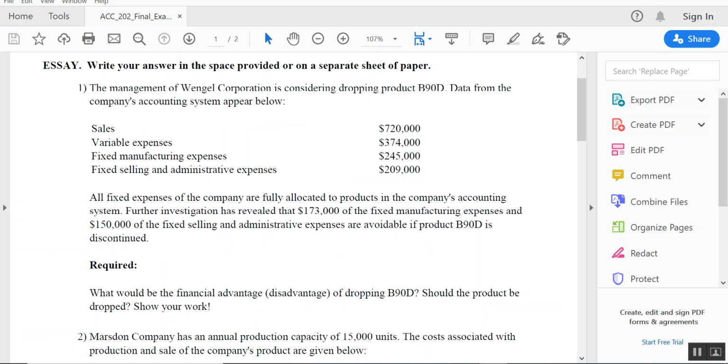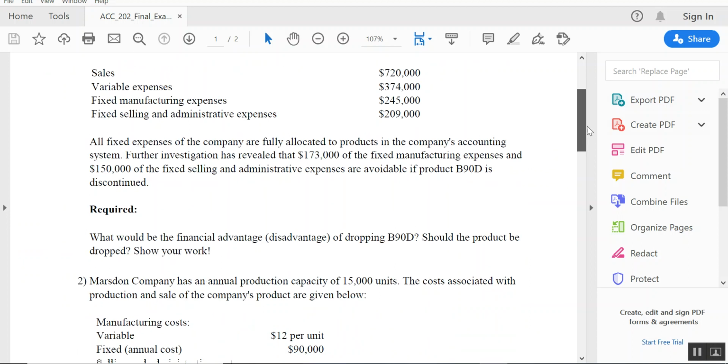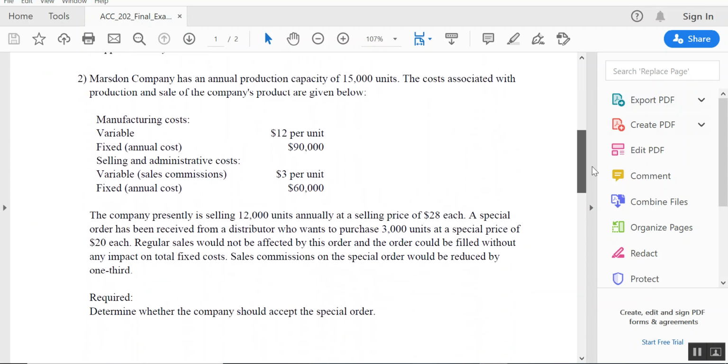So for the second one, we have basically a question of whether we take a special order or not. Here it says Marsden Company has an annual production capacity of 15,000 units. The costs associated with production and sale of the company's products are given below. The company presently is selling 12,000 units at a price of $28 each, and a special order is received from a distributor who wants to purchase 3,000 units at a special price of $20.